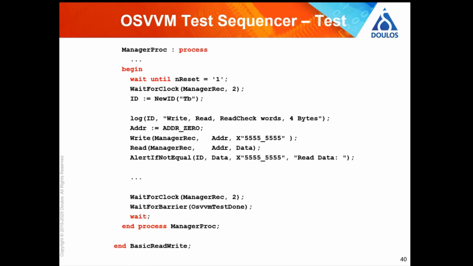If you look about halfway down, there's a call to a write procedure and a call to a read procedure. Those are not the procedures that I showed you 20 slides ago. These are procedures that come for free with OSVVM, but you can see it's doing exactly the same thing. We're doing a write, we're doing a read, and then the alert if not equal is another procedure call that you get for free with OSVVM that's doing the check.